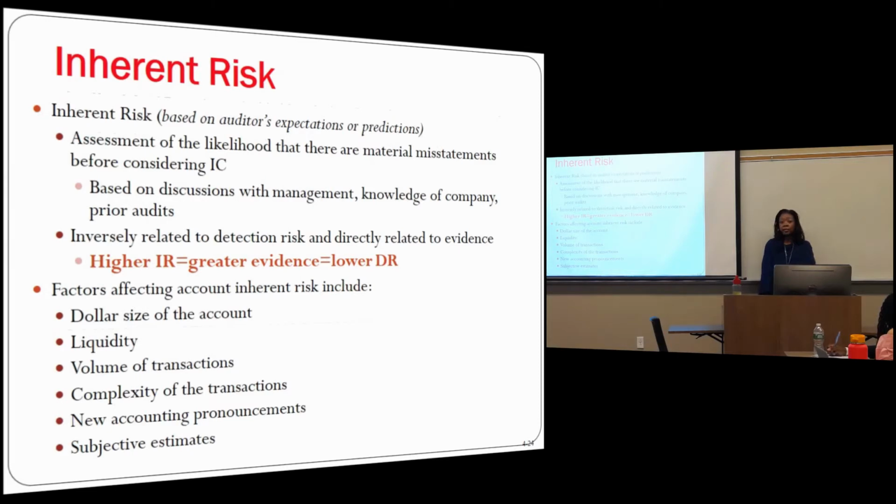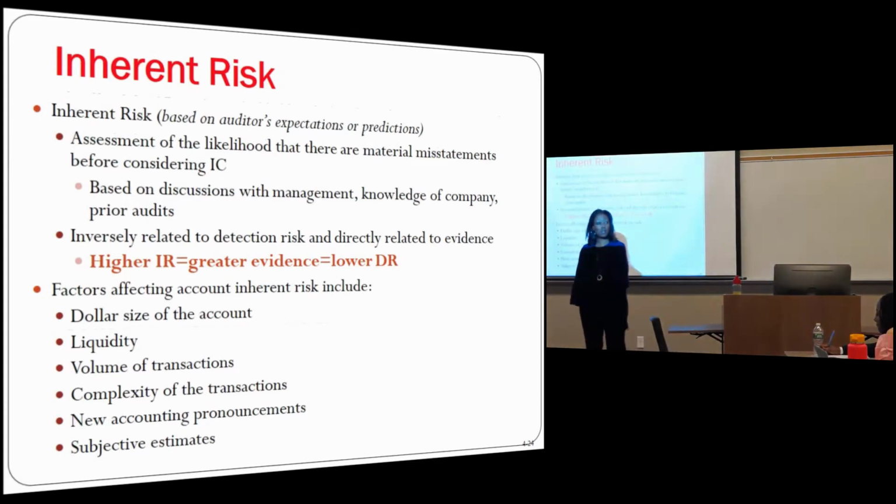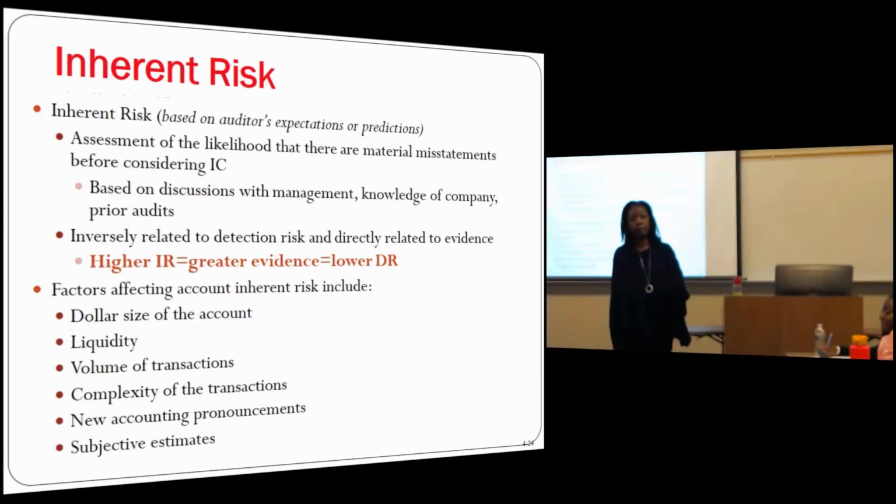Think about when we talked in chapter 3 about understanding the entity that you're auditing. The auditor has a responsibility to understand the entity they're auditing. The things they consider are: what kind of industry is it in? What are the business processes the client engages in? What kind of transactions do they have?